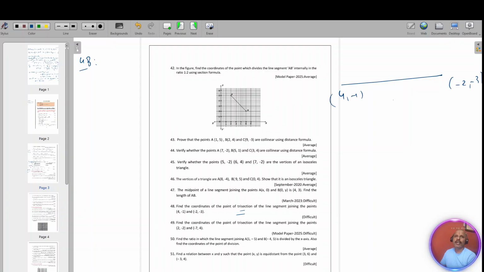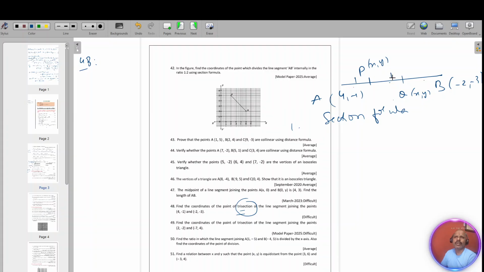How do you solve here is, remember, we call this as A and this last point as B. This line we have to make trisection, means 3 parts we have to do. Means first part, second part, third part, right? So we call this P and this Q. Both are okay, no problem. So first you have to apply, I'll give the hint only, section formula.